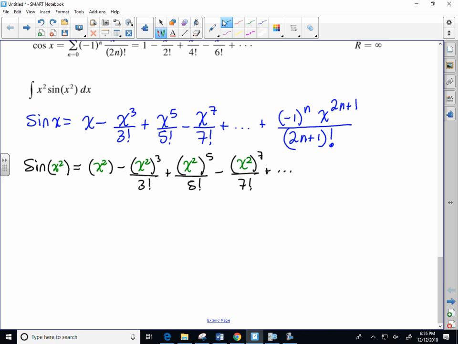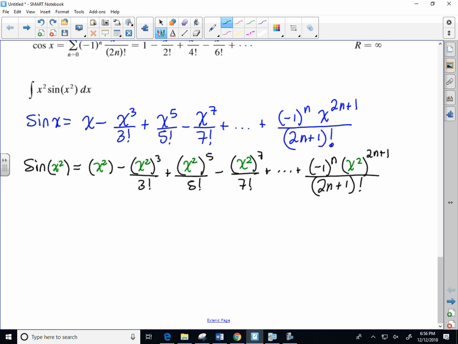All right. So if I were to plug it into the whole shebang, it would be -1 to the nth. Then instead of x to the 2n plus 1, it would be x squared to the 2n plus 1. We don't want to leave it like that, definitely.